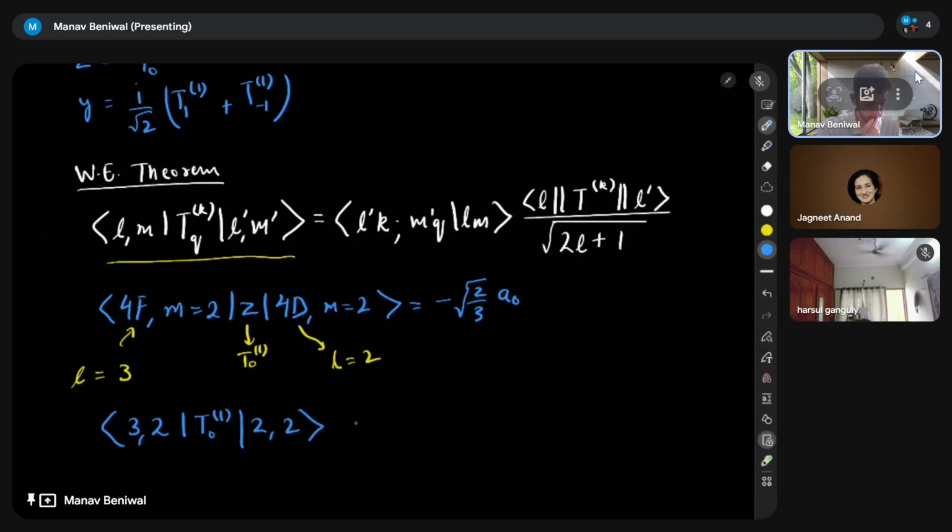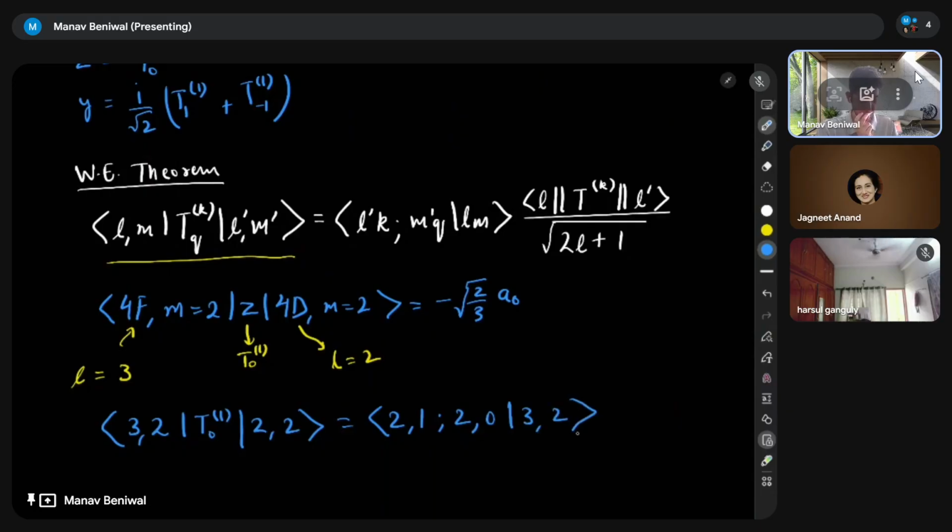Okay, and then the right hand side of our WE theorem will give us L prime is 2, K is 1, so 2 comma 1, and then M prime is 2, Q is 0, right, and then 3 comma 2.